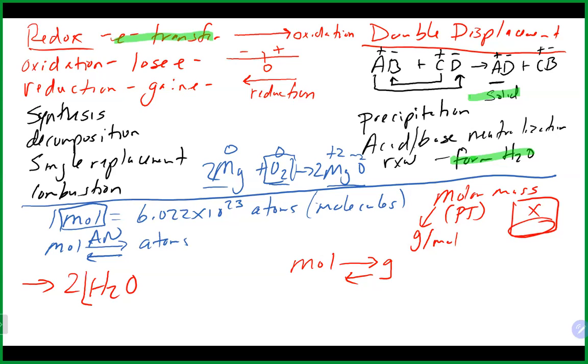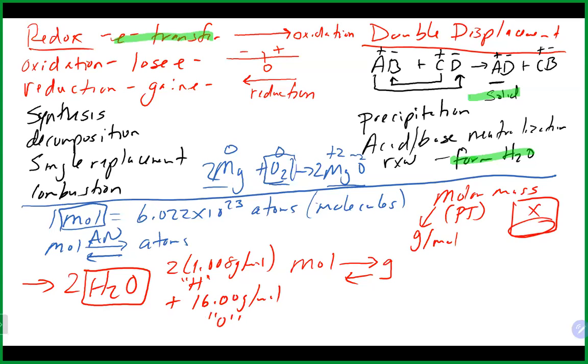If we were just looking for the molar mass of water, we would just use the formula. And as we might have done last time, 2 times 1.008 grams per mole for the hydrogen, plus 16 grams per mole for the oxygen. That means the molar mass of water would be something like 18.02 grams per mole. So again, always important.